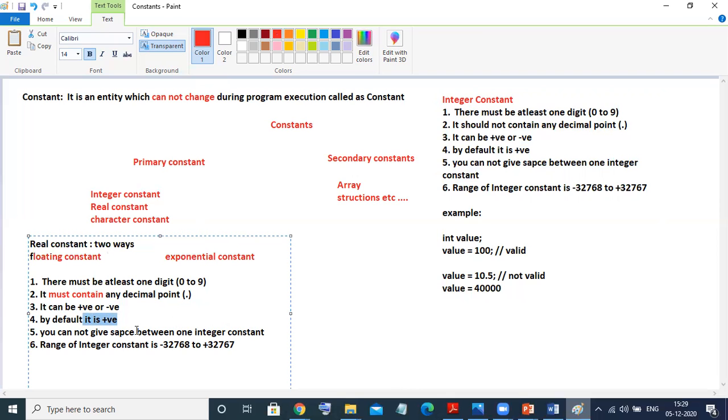Now you cannot give any space between real constants.